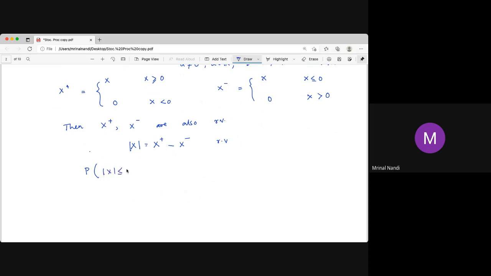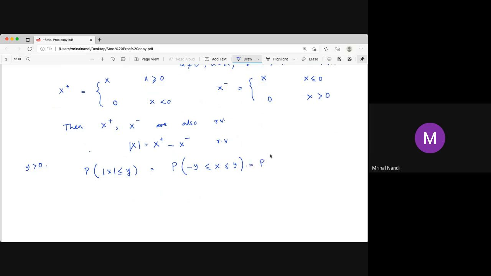probability of mod x less than or equal to y, that distribution function is just, you have to take the probability of that set. For positive y, and for negative y it is just 0. For negative y, the probability of mod x less than or equal to y is 0. And what is this?